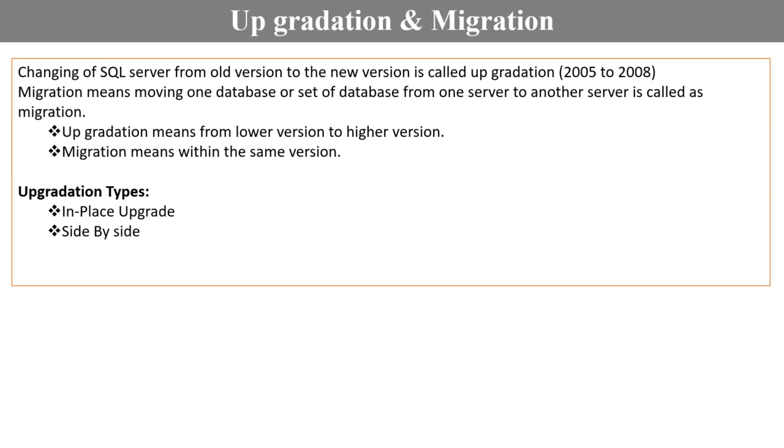When you compare 2008 and 2012, a lot of features were introduced in 2012. One of the greatest is Always On. If you want Always On, you need to upgrade your SQL Server to 2012, so that the feature is available to your application, because the drawbacks in clustering, mirroring, and log shipping are all covered in one feature, Always On.